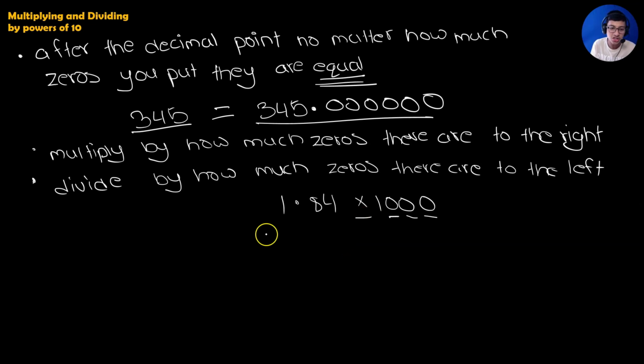It's a multiplication, so to the right. So let's move it: once, twice, thrice. Because there is nothing here, we put a 0 here to fill the spot. So our answer would be 1840.